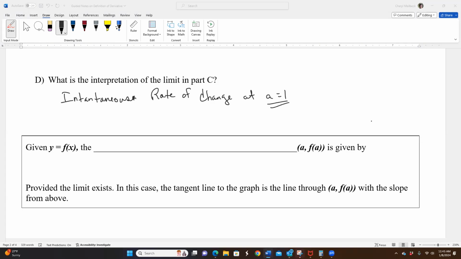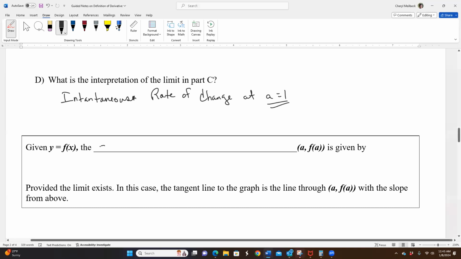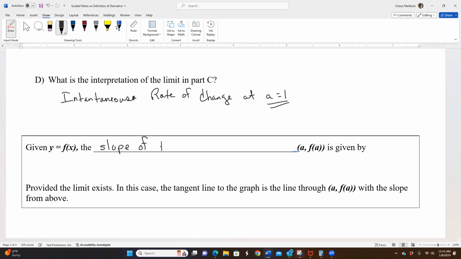As we found in our previous 2 examples, what we have when we have the instantaneous rate of change is really the slope of the graph, the slope of the tangent line at a, f of a for this function.